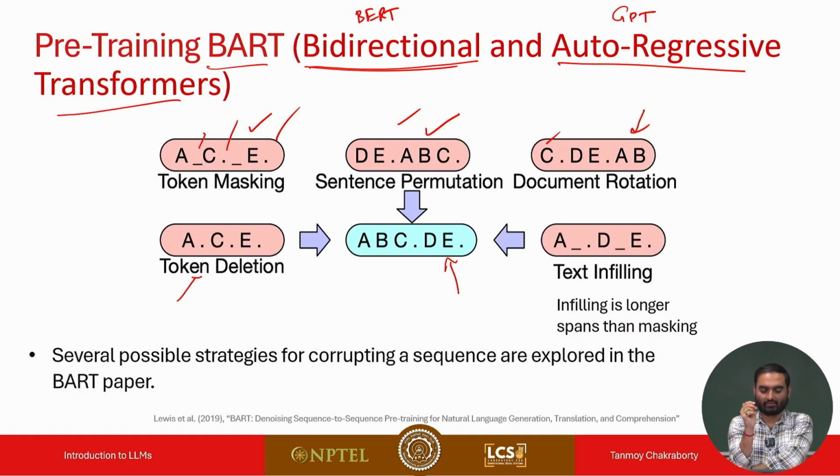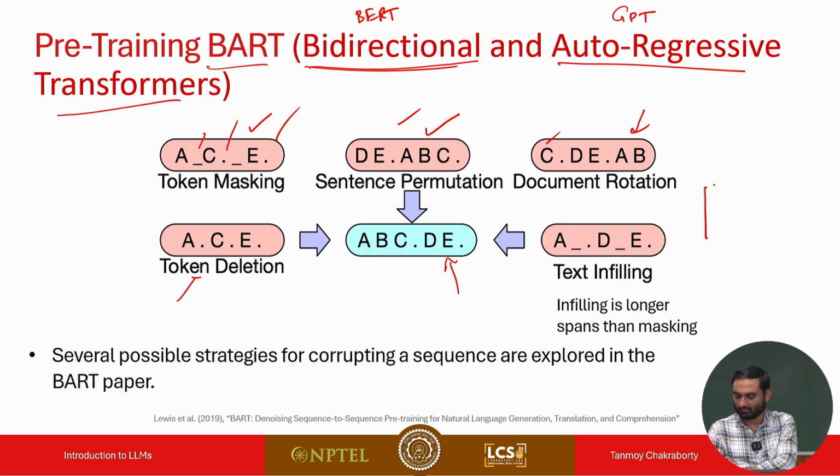They also tried out token deletion, where you delete some of the tokens. You see here, you delete B, D, F, right? And you ask the model to predict those tokens, okay? But remember here, since this is an autoregressive model, you ask the model to basically predict all the tokens, not just the tokens that you have deleted.